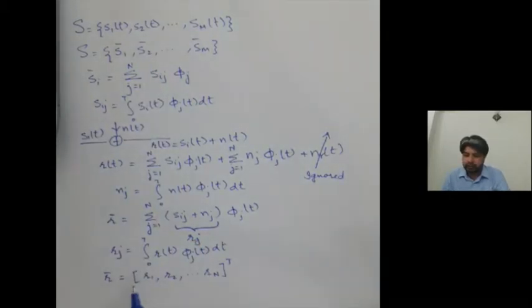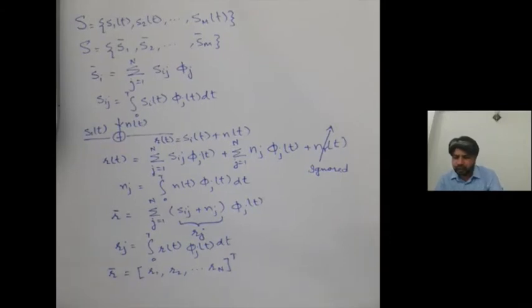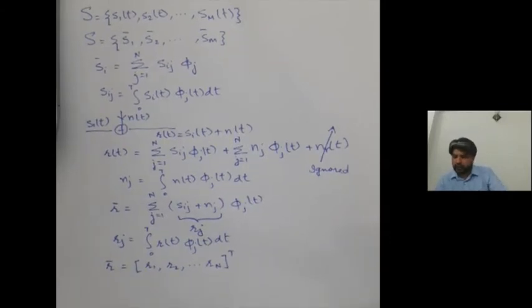Similarly, these components r1, r2, all the way to rn are nothing but the projection of the signal r of t onto the basis function phi j. So you have this received signal r of t represented as a vector as well.